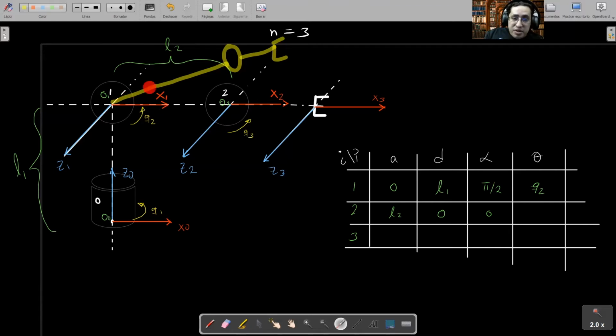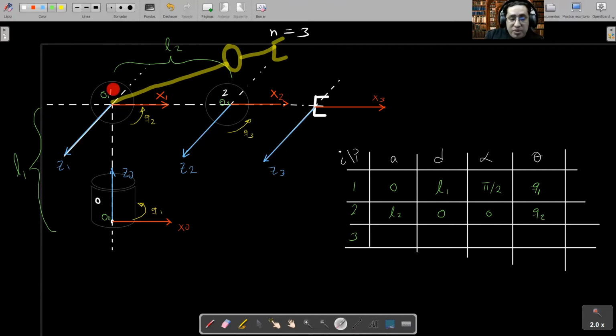Therefore, the distance is going to be Q2, the angular distance. Okay, this is Q1, this is Q2.